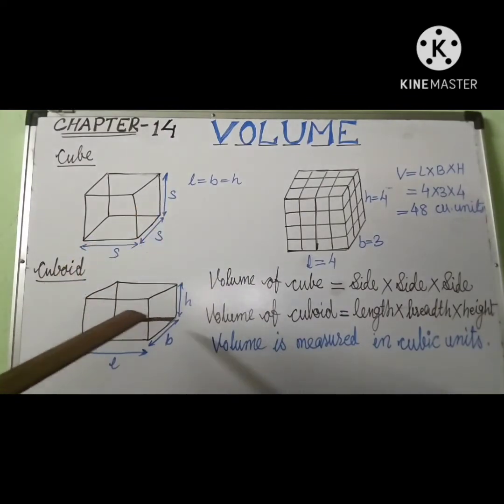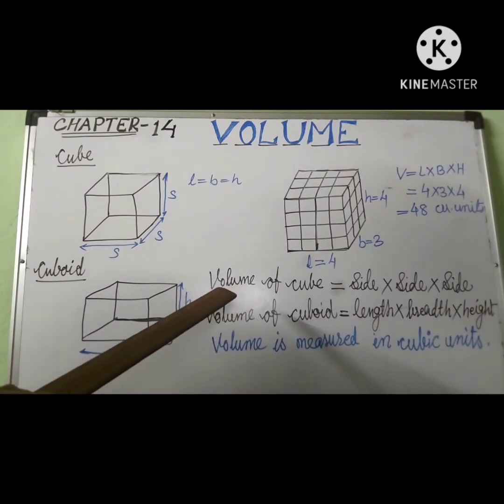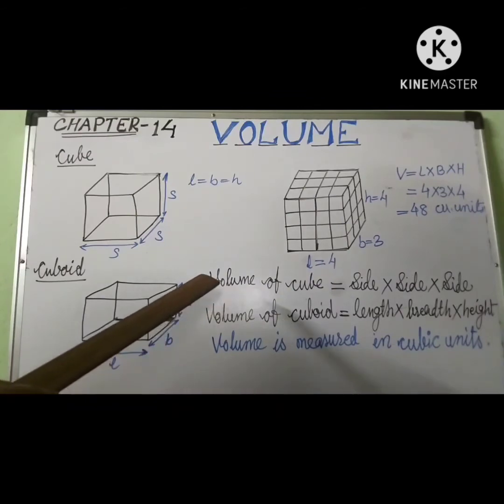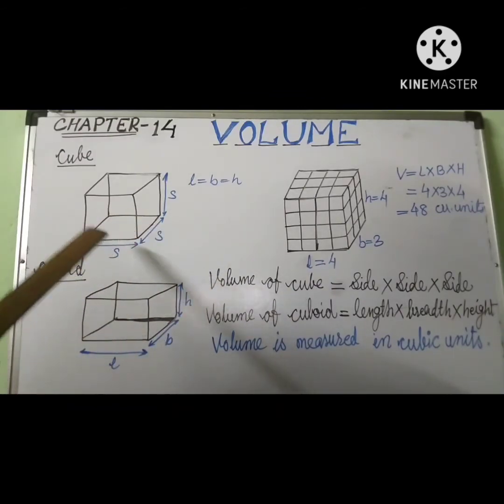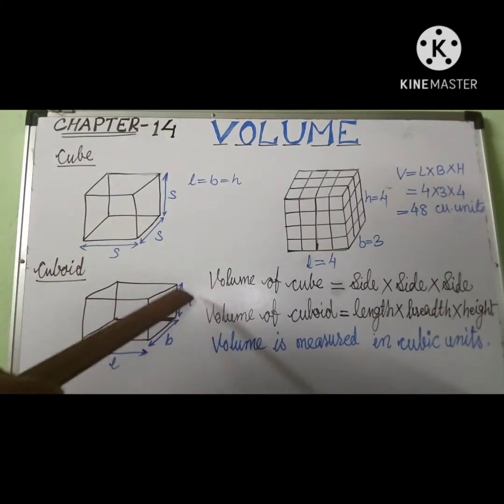Okay, so now what about the units of volume? Like finding area, we have written the unit of area is square unit. Okay, square centimeter or square meter, because in area we have only 2 dimensions, length and breadth. But while finding volume, we have 3 dimensions, length, breadth and height.